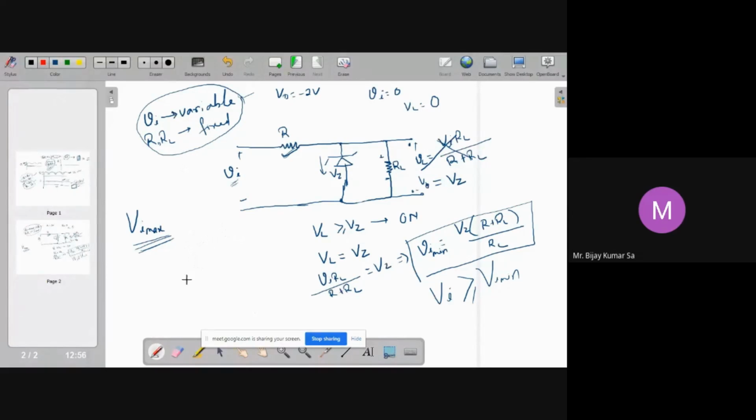The characteristic, if you can recall, is like this. Let me do a more fair diagram. So the characteristic is like this.